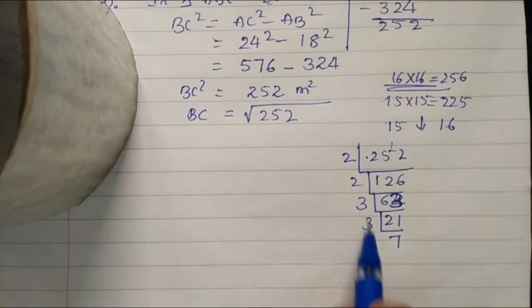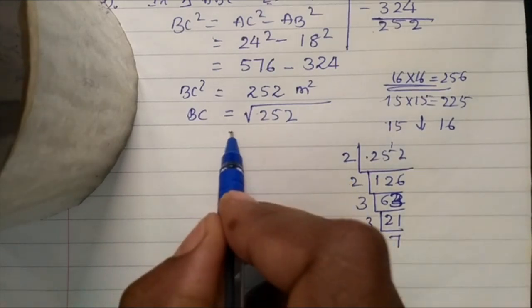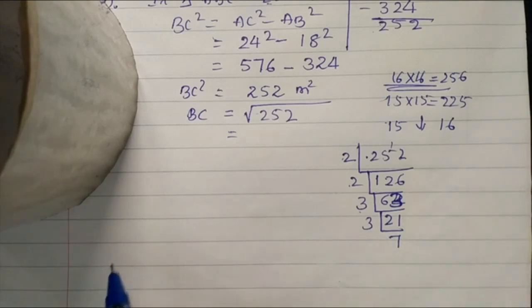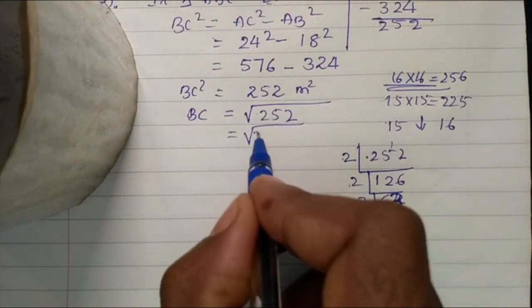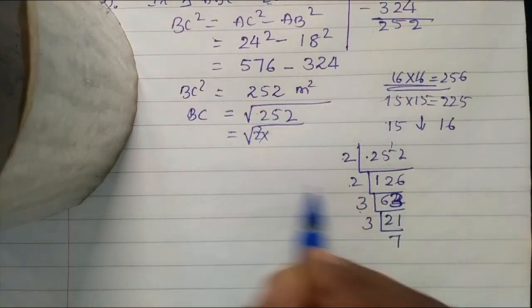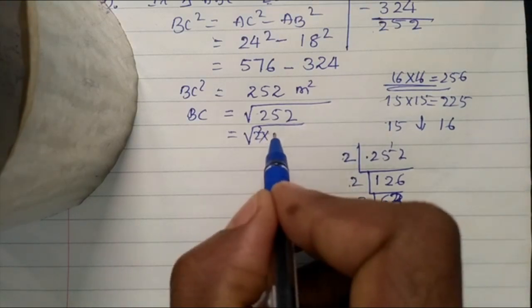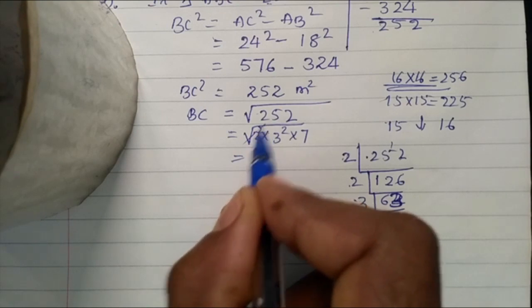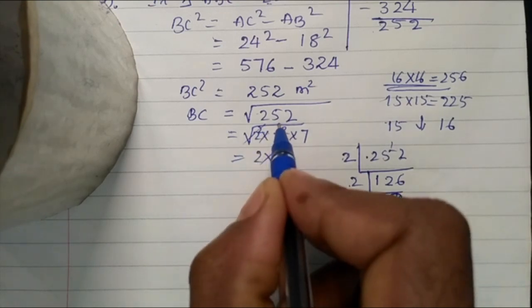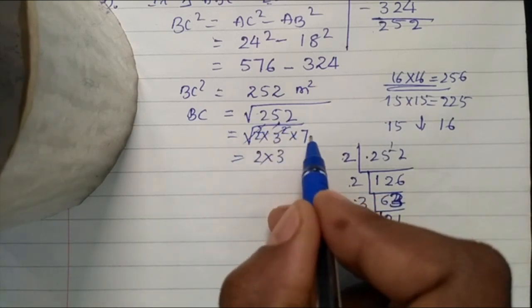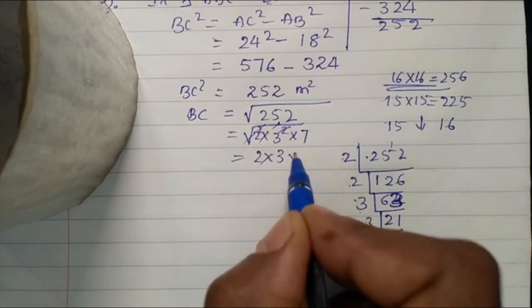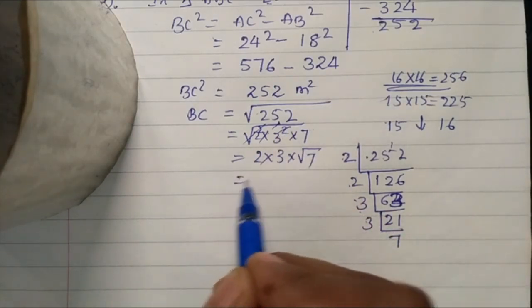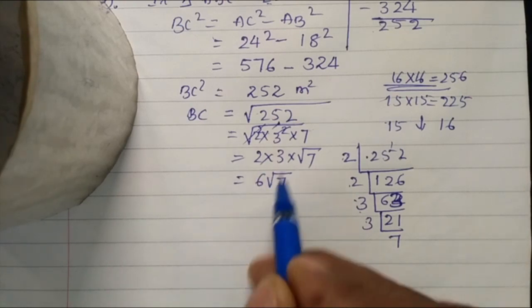That's it, all are prime numbers now. So 252 can be written as 2 into 2 into 3 into 3 into 7. So the square root of 2 squared, 3 squared, into 7: the square root and square cancel, it becomes 2; the square root and square cancel, 3. There is no square for 7, so it stays inside the square root. So finally 6 root 7 meters.